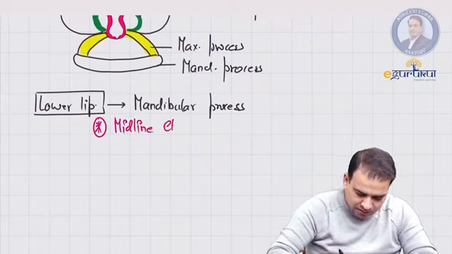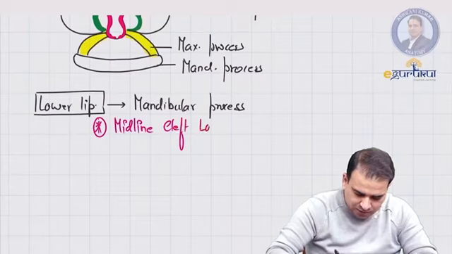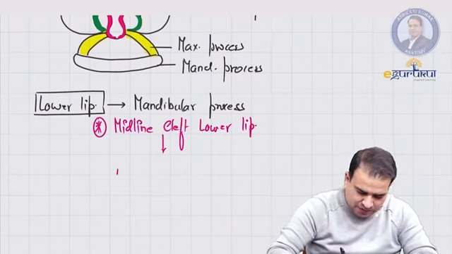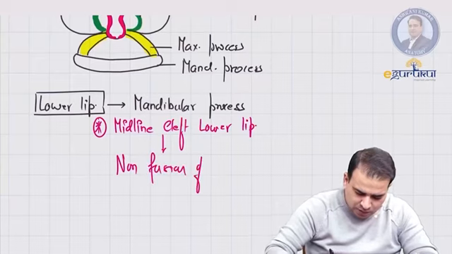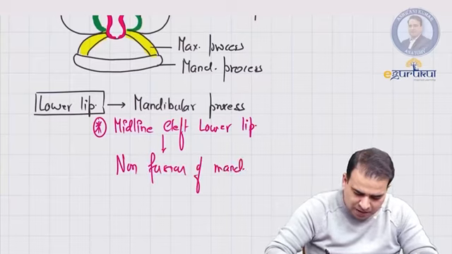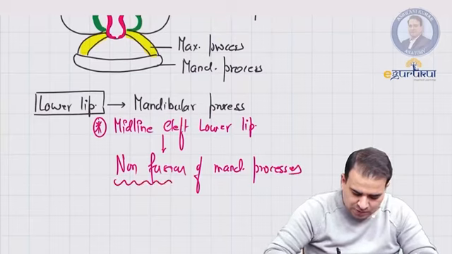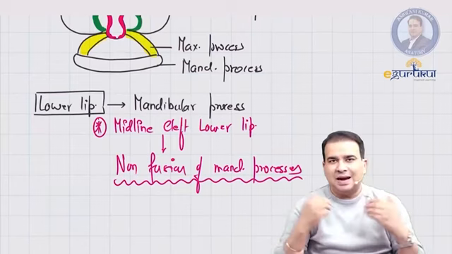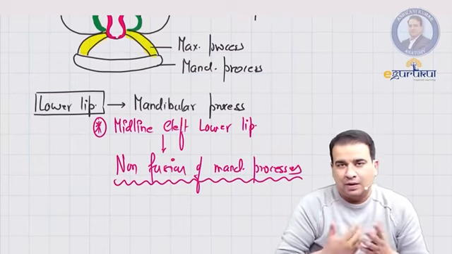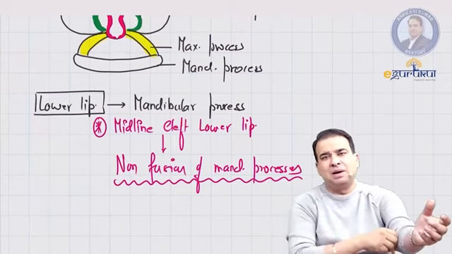Midline cleft lower lip, we said that is because of what? Non-fusion of mandibular processes. If both the mandibular processes from the right and the left side fail to fuse in the midline, that can give rise to the cleft lower lip, which we said is always in the midline. It's a midline cleft lower lip.